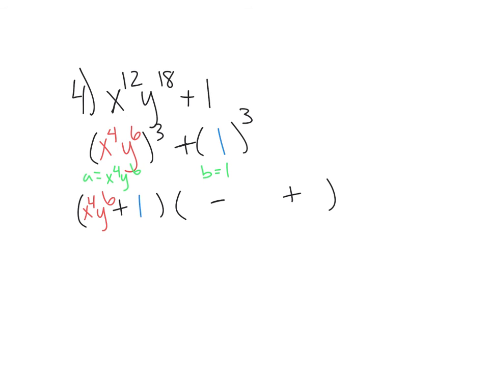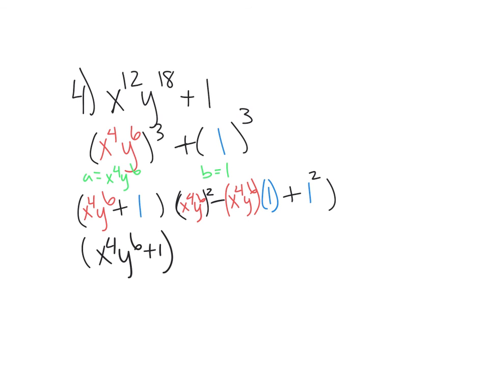So next I have a squared, so x to the 4th, y to the 6th, all of that squared, minus my a, x to the 4th, y to the 6th, times 1, plus b squared, which is going to be 1 squared.